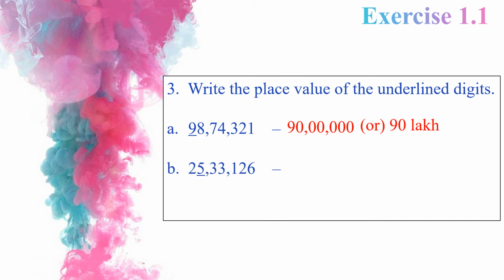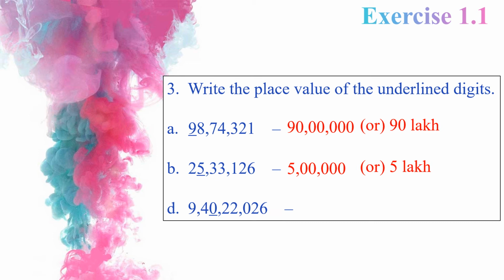B question, 25 lakh 33,126. In this question, the underlined digit is 5, which is placed in lakh period. Therefore, we need to multiply 5 into 1 lakh, which gives 5 lakh.